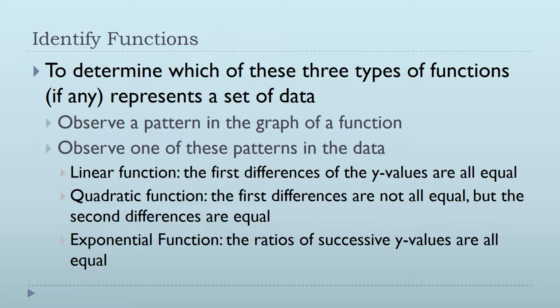And it says, if it's a linear function, the first differences of the y values are all equal. In other words, we're finding a common difference, and that's going to tell us that it is in fact a linear function. Now, if we don't see a common difference as we analyze the data the first time, but if we come back and look at the second differences and those are all equal, in other words, if we have a common difference in what we're going to call the second differences, then we have a quadratic function.